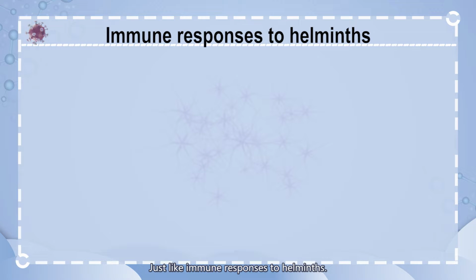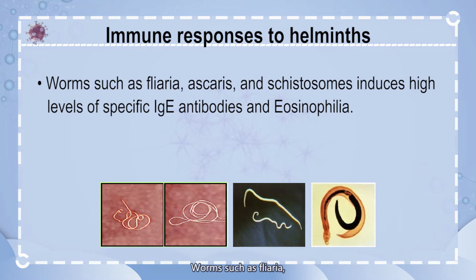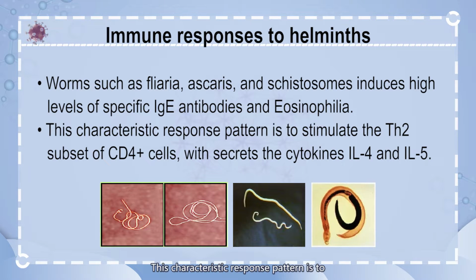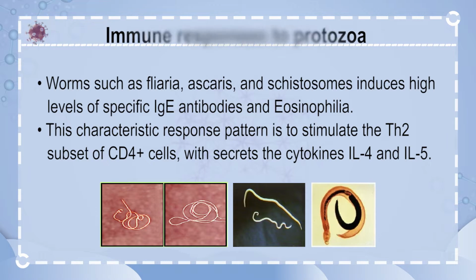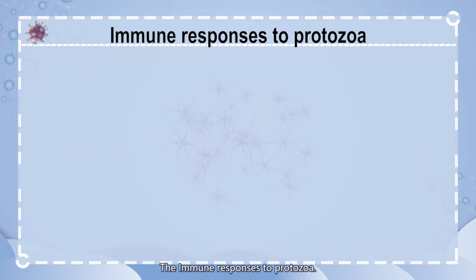Just like the immune response to helminths, worms such as filaria, ascaris, and schistosomes induce high levels of specific IgE antibodies and eosinophils. This characteristic response pattern is to stimulate the Th2 subset of CD4 cells, which secretes the cytokines IL-4 and IL-5.